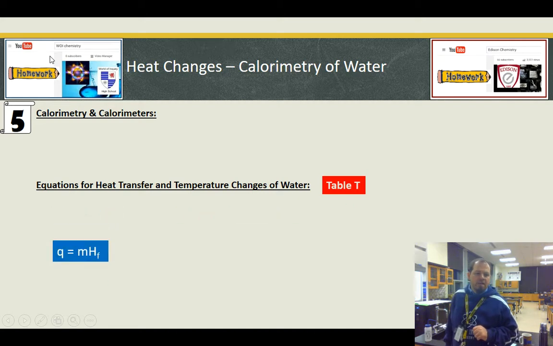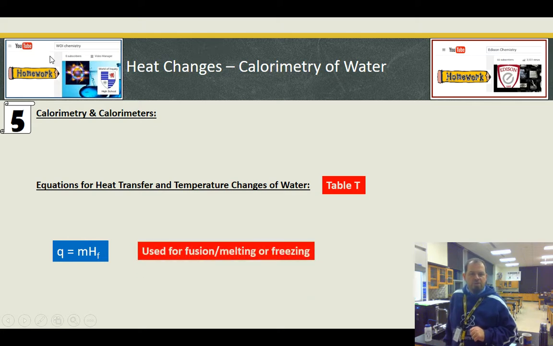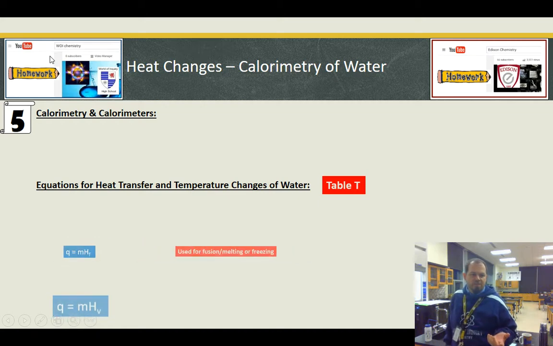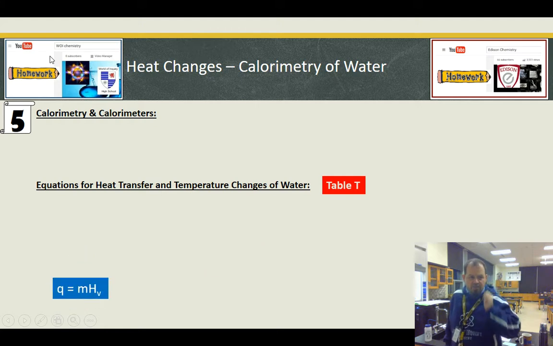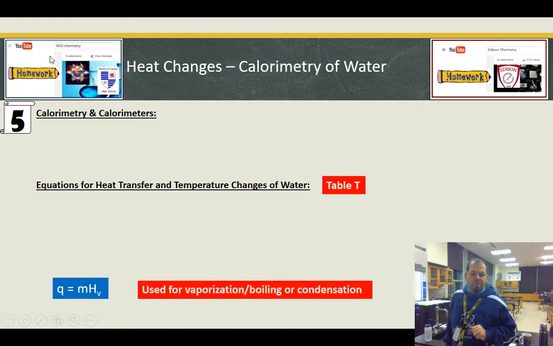Okay. H sub F is the heat of fusion. So I use this for fusion or melting or freezing. And the nice piece there is fusion and freezing both start with F, so that you can pick that one out pretty easy. Basically, if I'm at 0 degrees Celsius. The H sub V equation is used for vaporization or boiling or condensation.